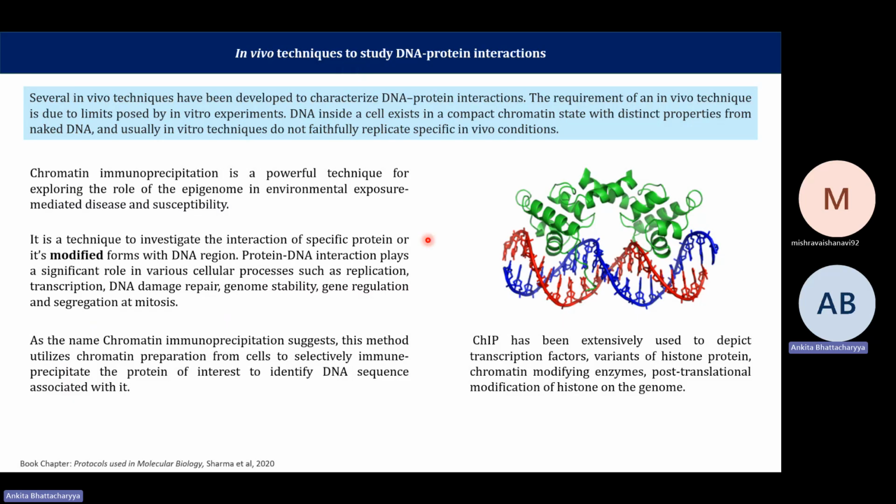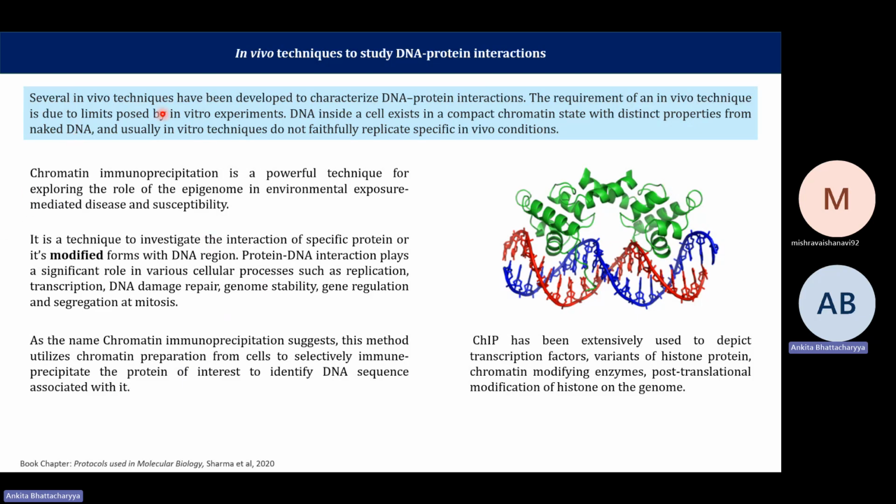And the compaction of that chromatin is especially relevant to ensure that only certain regions of the chromatin are opened up so that control over gene expression can be maintained by the cell. Also, of course, in vitro techniques do not faithfully replicate these conditions. And secondly, in vitro DNA is also naked in structure. It does not take nucleosomes and the histones, which form the nucleosomes, into consideration during the study.